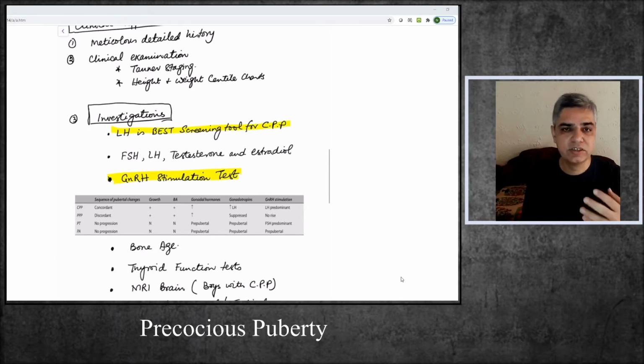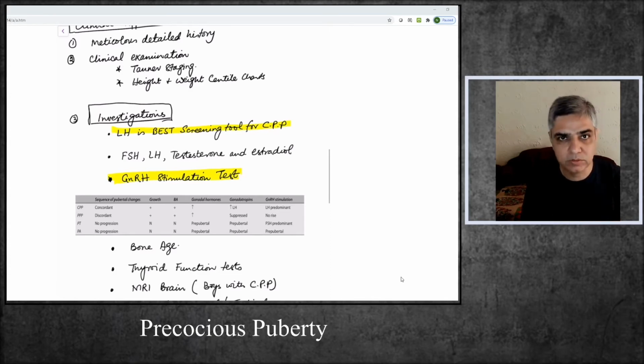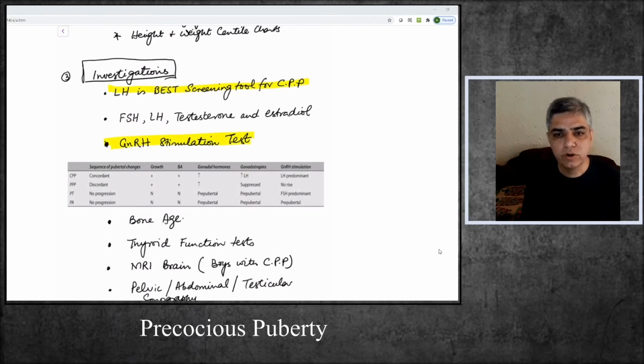Then this FSH and LH goes down and acts on the gonads, which in turn causes the ovaries to secrete estrogen, or causes the testes to produce testosterone, which are then responsible to exert their effects. So normally if you give them gonadotropin releasing hormone, there should be an increase in the FSH and LH levels.